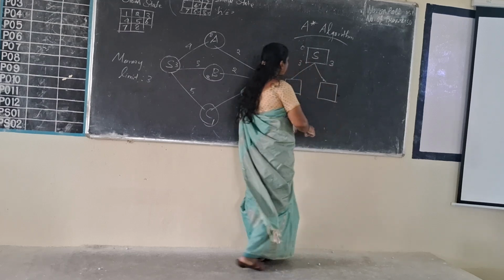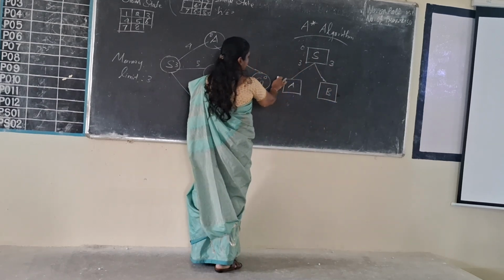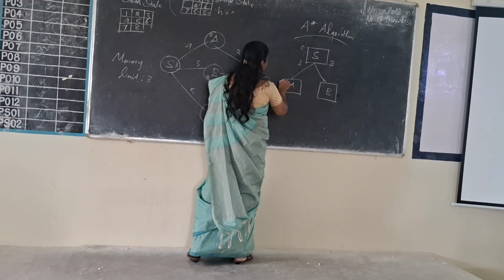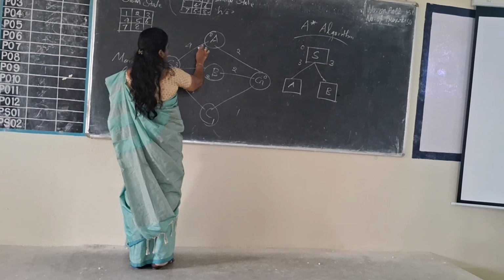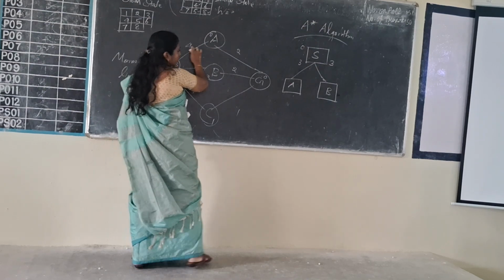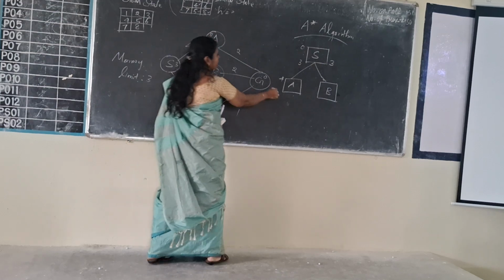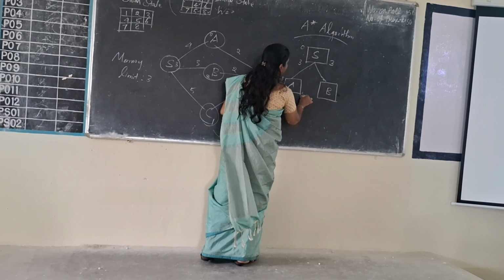When you explore node A and B, you need to write the g of n value, h of n value as well as f of n value. So for node A, g of n value is 4, h of n value is 0, then f value is 4 plus 0 is 5.